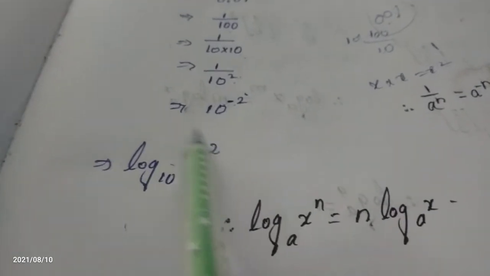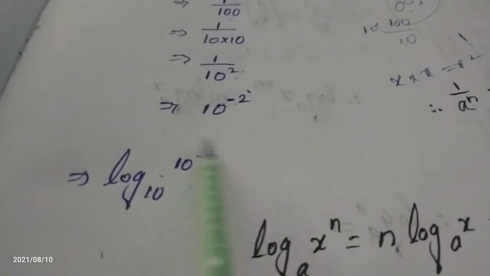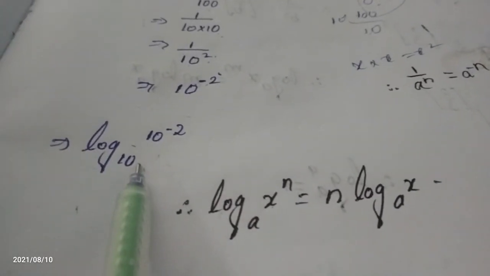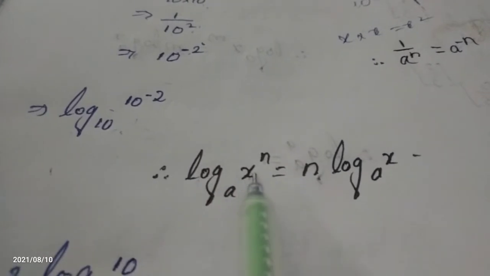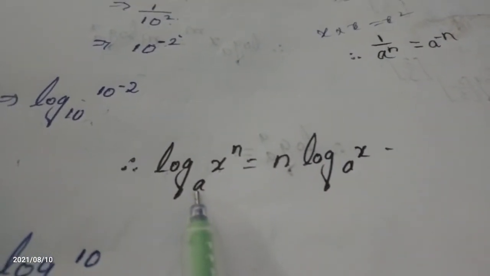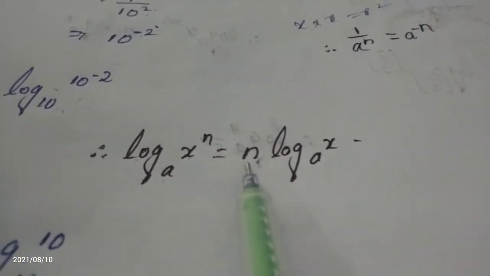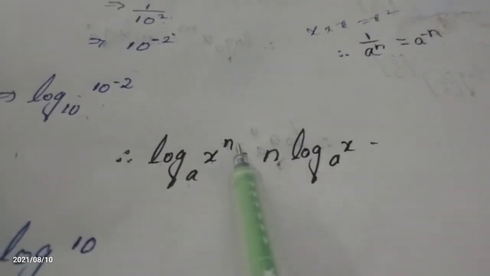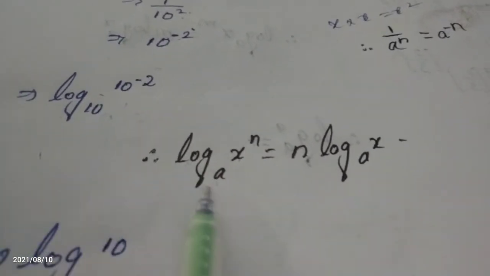Please observe this expression. It is in the form of log x to the power n to the base a. Whatever the power is, we have to write it before the log. In place of n we have minus 2, in place of x we have 10, and in place of a we have 10.